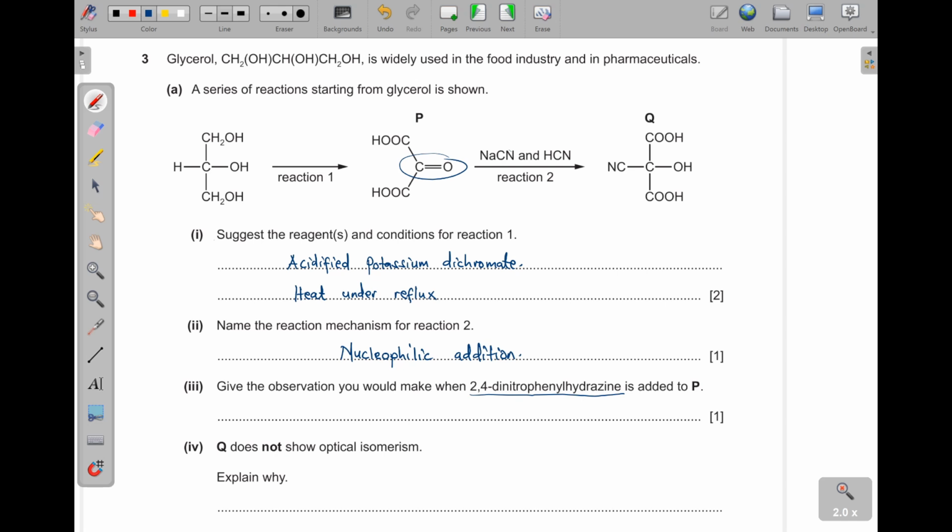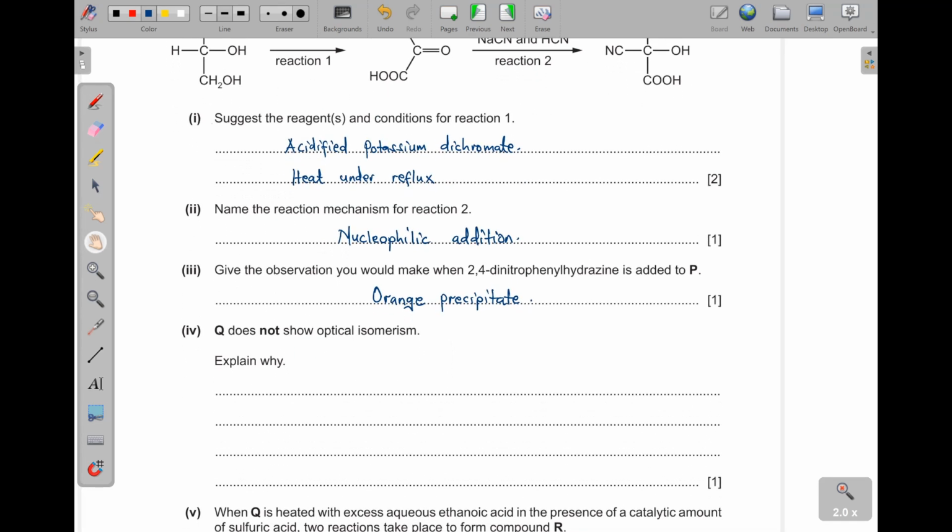And here we are seeing a ketone, so that means there is a positive test, which is an orange precipitate. Even if you say yellow, some people are colorblind, so this one can be orange, then others can see yellow. Sometimes others even put red to make matters worse. So that is an orange precipitate.